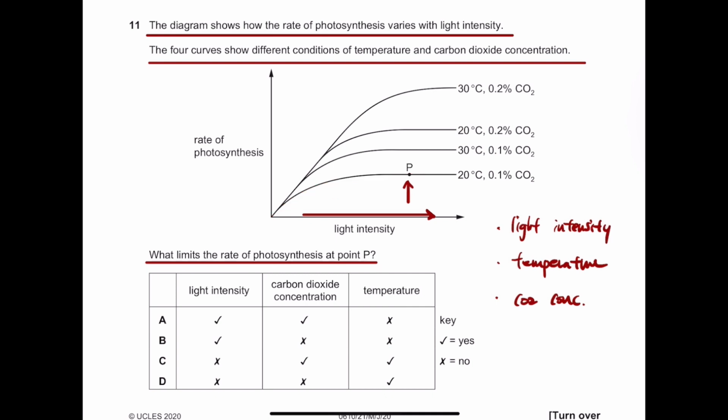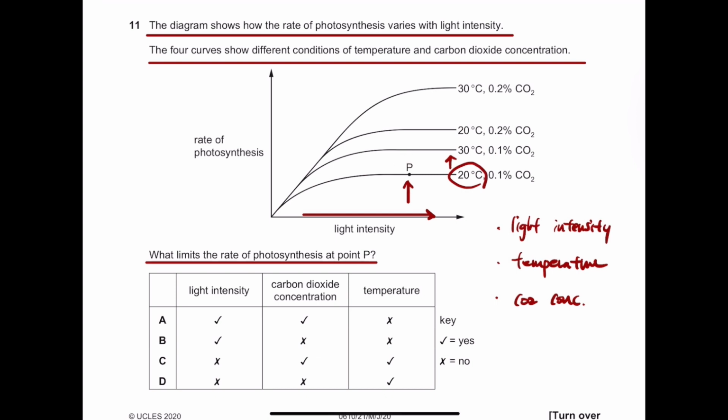And if the temperature gets increased, you can see the rate of photosynthesis increases a bit more than the bottom one, but at the same level, the rate of photosynthesis is no longer increasing as well.